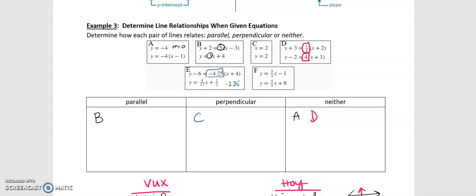Oh, those are opposite reciprocals. So if I were to flip and put 17 over 4, then I would get 4.25, and they are, so that would be E. So those actually are opposite reciprocals. So double check when we flip it and make sure. And then these we can see are the same. So those would be parallel.